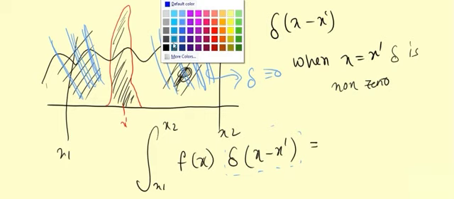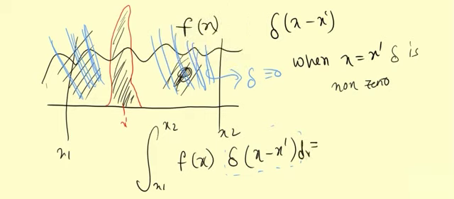Obviously I need to write that dx. What this delta function will do is that, since it only has a non-zero value at x prime, it will collapse the function f of x into f of x prime. Simple as that. The reason it's happening is because this integration interval, the lower limit and the upper limit, contains this x prime.